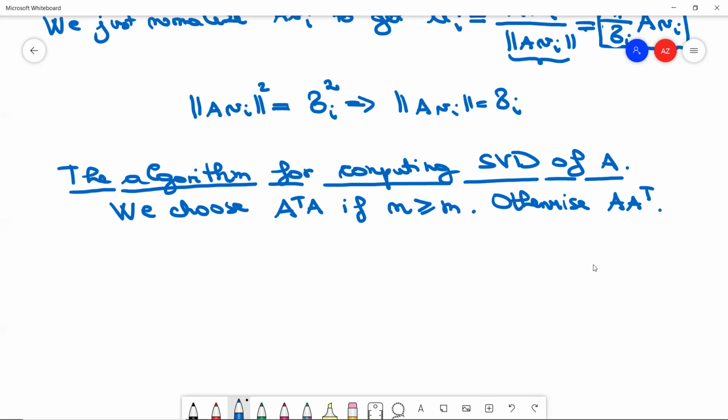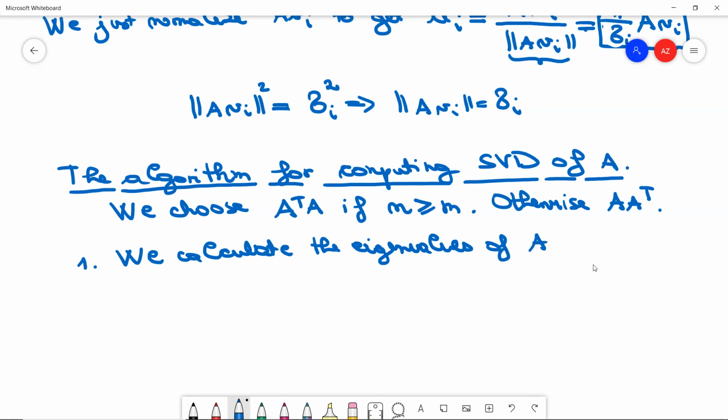Because A transpose A will then be smaller than A transpose. And what we do, we calculate the eigenvalues of A transpose A. Those are lambda 1, lambda 2, and so on, up to lambda r, and then some 0 eigenvalues.